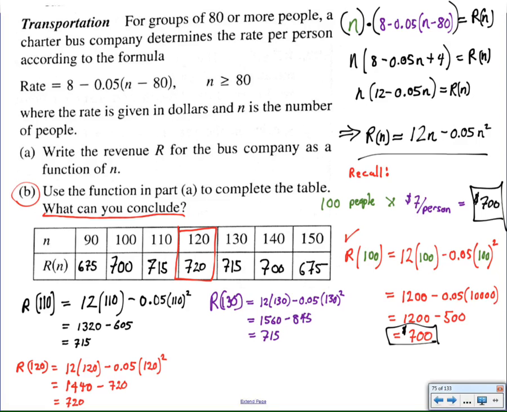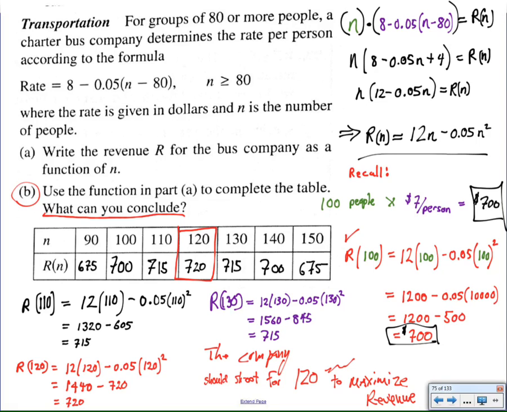That is to say, the company should shoot for 120 people to maximize revenue.